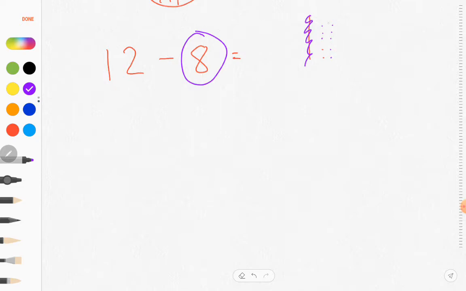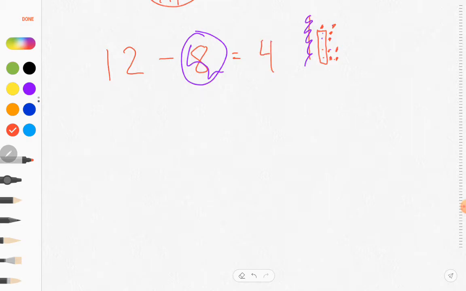Now that makes 10. What I need to do is take away our 8. So I'm going to subtract the 8. And that leaves us with 4. So the answer is going to be 4.